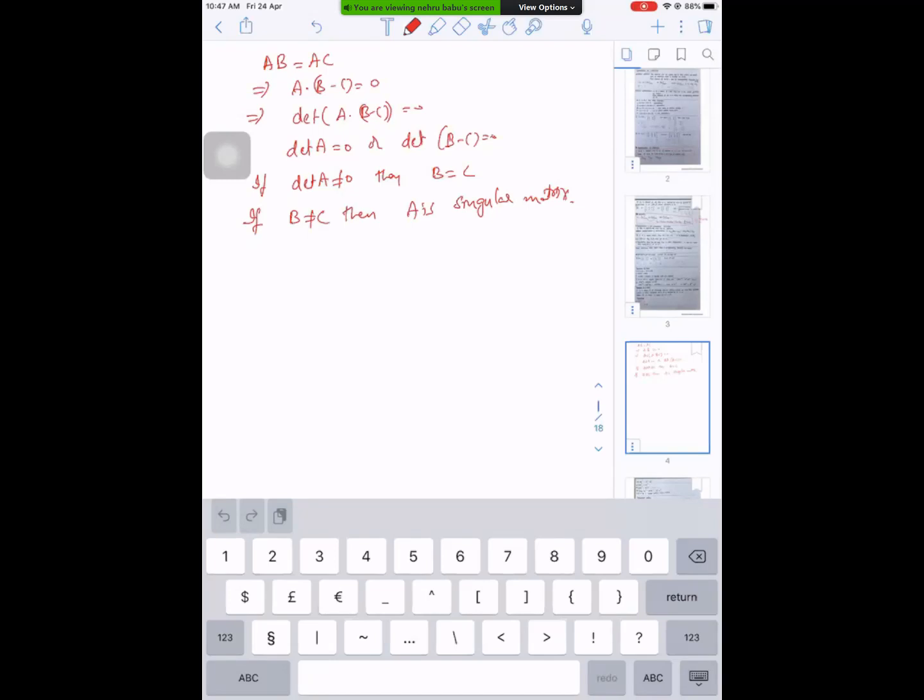Or simply you can say, if B minus C is a non-zero matrix, then A must be a singular matrix. This is a very important point.